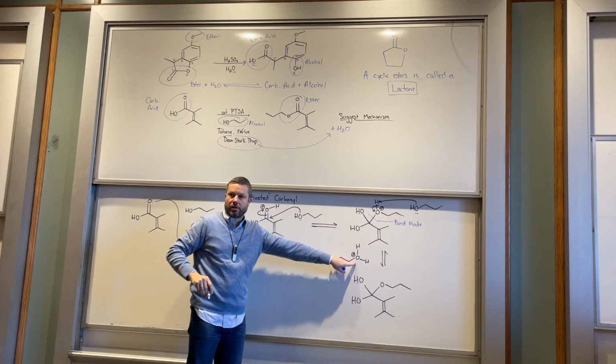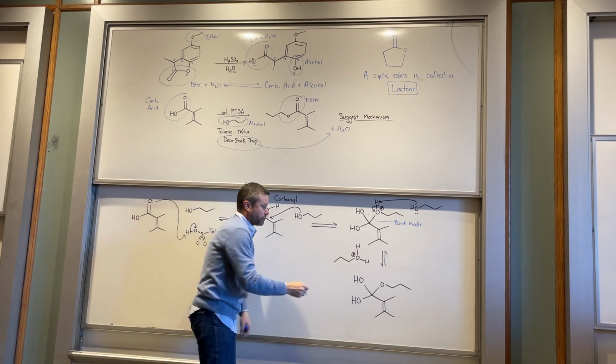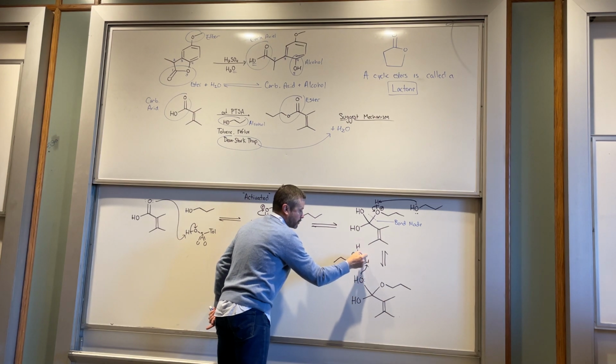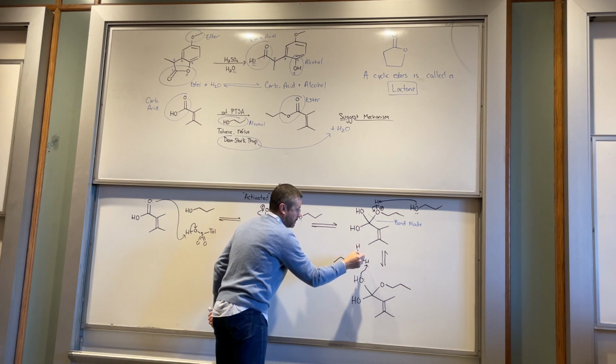So we use the alcohol to pick up a proton, and that proton is just going to be delivered to one of the other two oxygens. It doesn't matter which one, they're both the same.